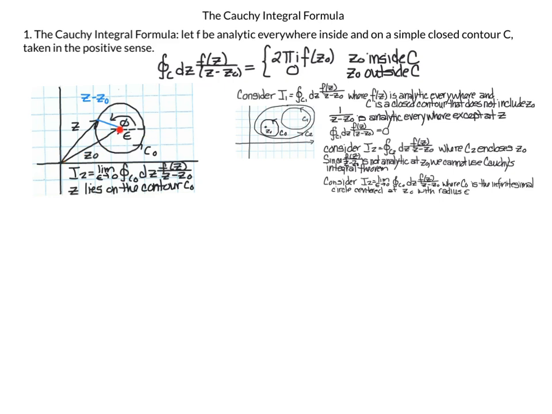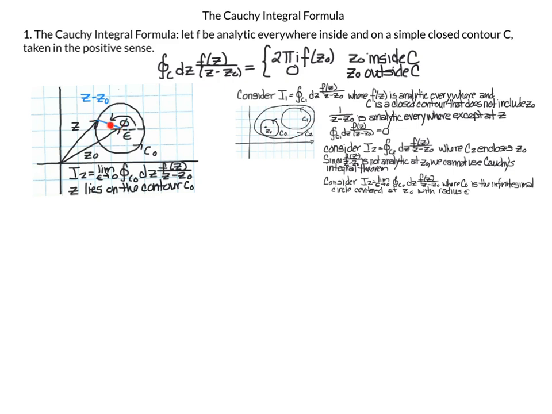So z naught is the center, but I'm going to represent it with this vector, my phasor, z naught. And then here's a point z on my contour, and I'm going to represent it with a phasor z. And my epsilon is my radius, and then there's an angle theta to get to my point z.